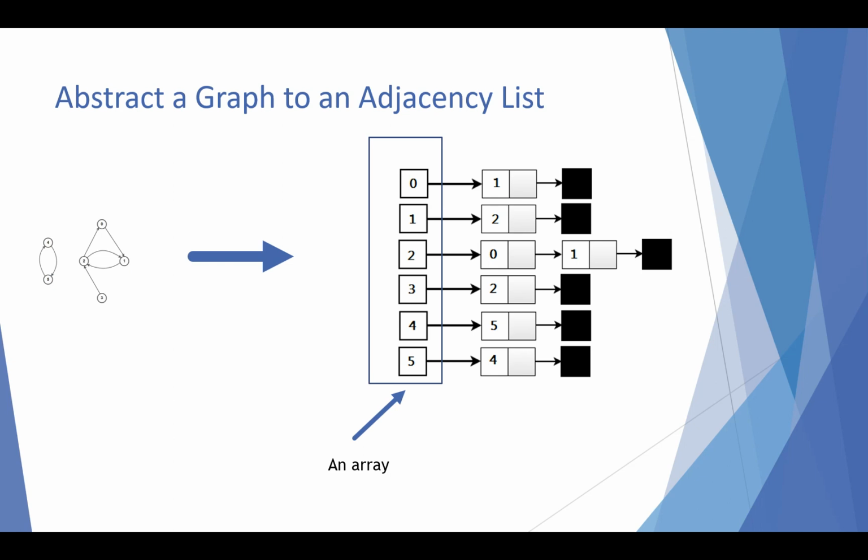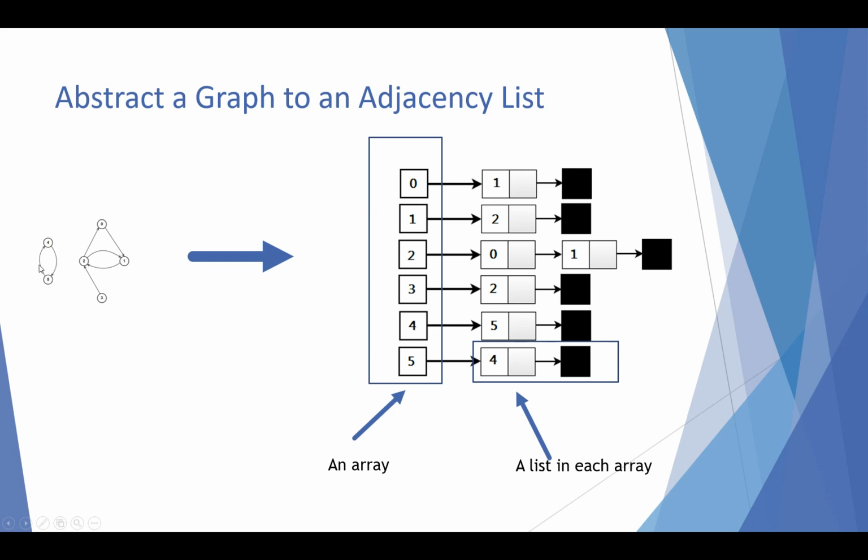Here is an array. This array contains 6 entries, 0 to 5. And each entry is a list. So, for example, 5 points to 4 represents 5 pointing to 4 on the diagram.